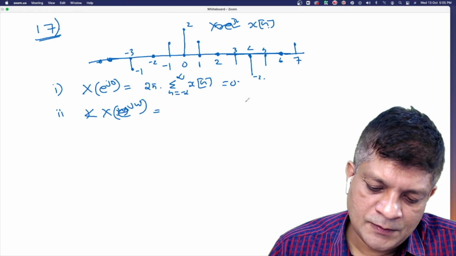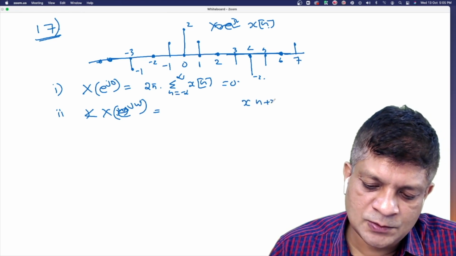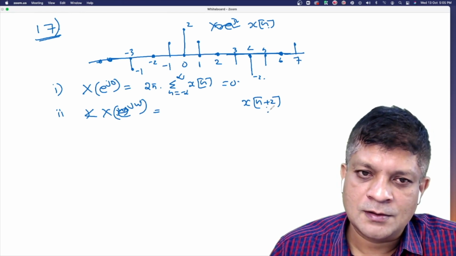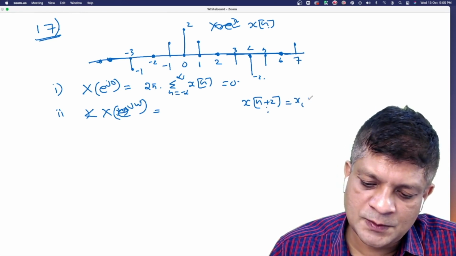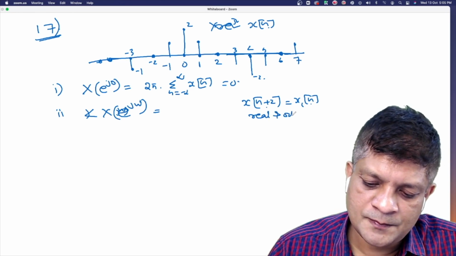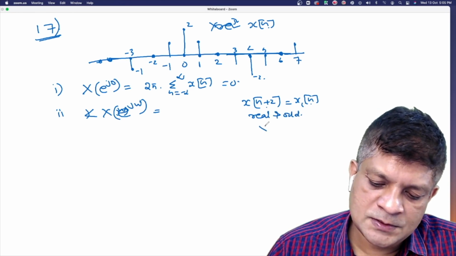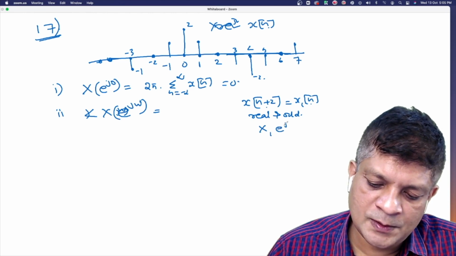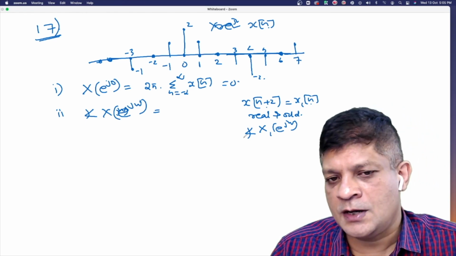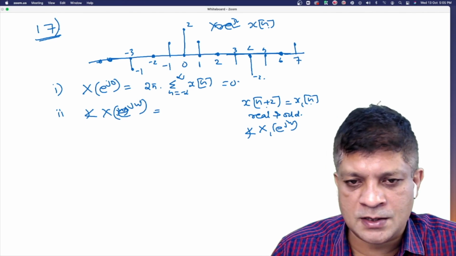If you consider x[n+2], let's say this is x1[n]. It is real and odd. That means X1(e^{jω}), what is the phase angle of that? What is the property? If it is real and even, the Fourier transform is real and even.